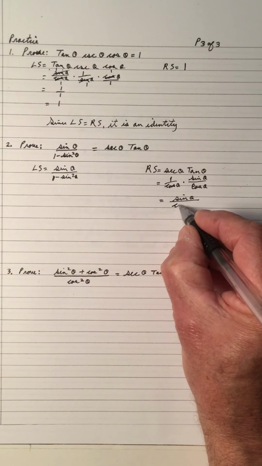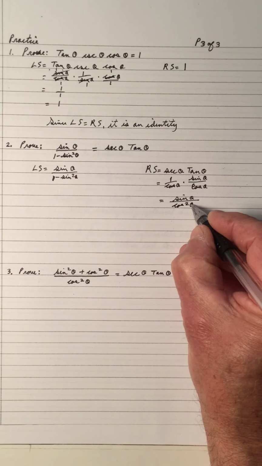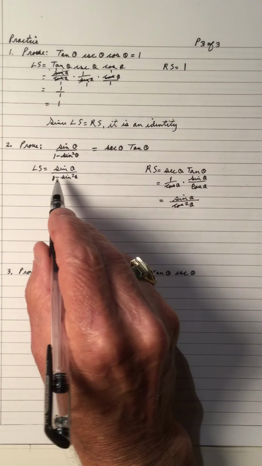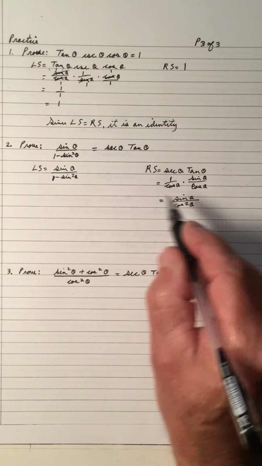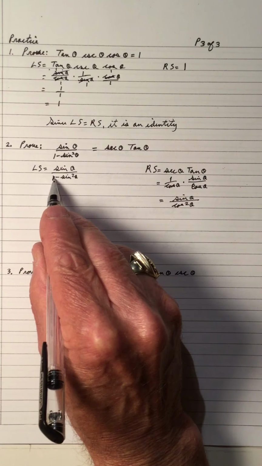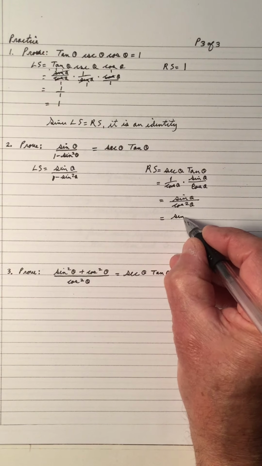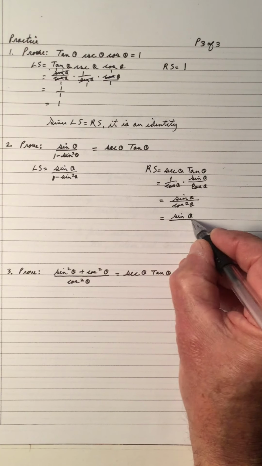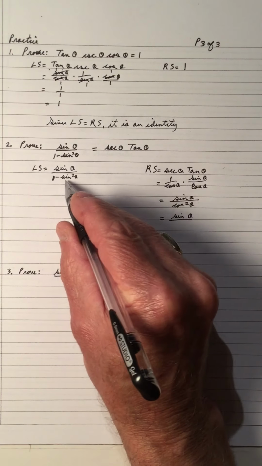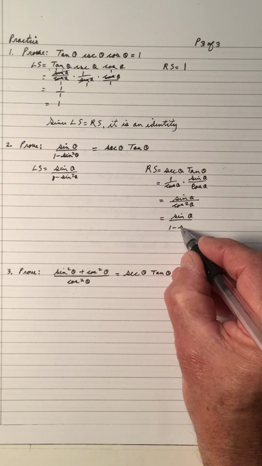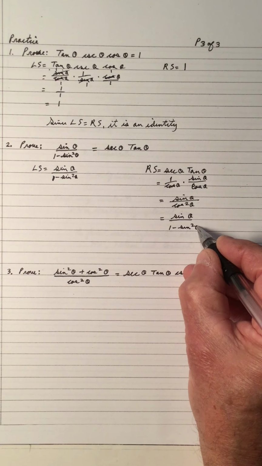Cos times cos is cos squared. And notice this one has a sine, that has a sine. That means that 1 minus sine squared must be cos squared, which is true. So cos squared is 1 minus sine squared, is one of the trig identities.